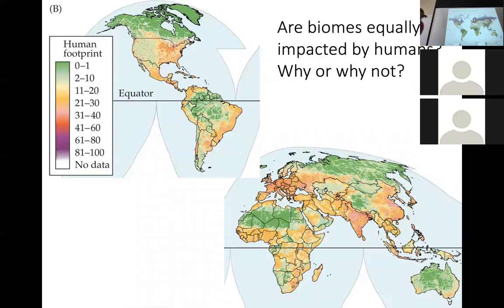An important aspect of looking at the distribution around the globe of biomes is looking at the human footprint on these different biomes. So this map is showing the world and the human footprint, from 0% footprint to totally decimated, 100% footprint. If we look at this and you have an idea of the different biomes, does it look like the biomes are all equally impacted by humans or not?